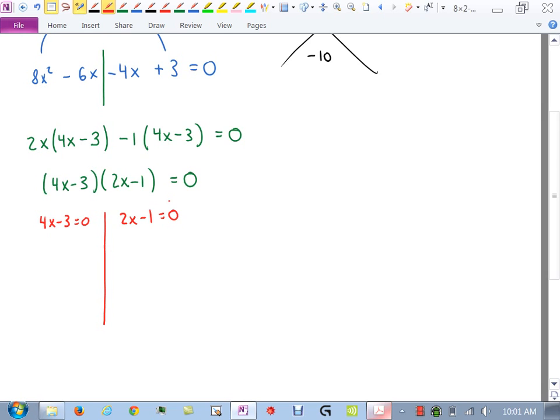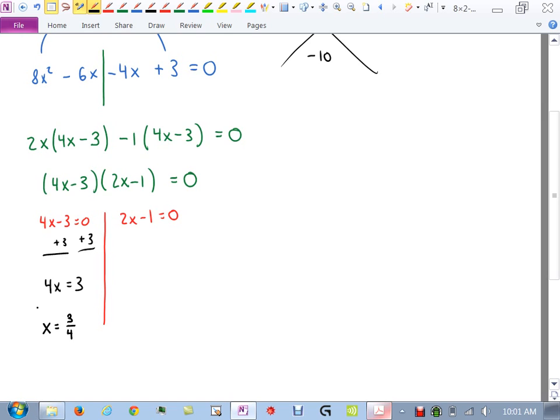Let's look at the first one. What are you going to do on this first one here? Add 3 to both sides. Good. When you do that, you come up with 4x equals 3, right? Now, divide by 4. When you divide the left side by 4, it goes away.